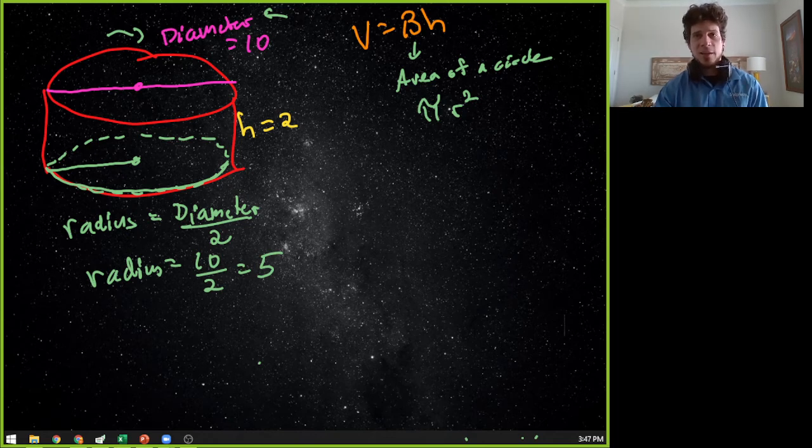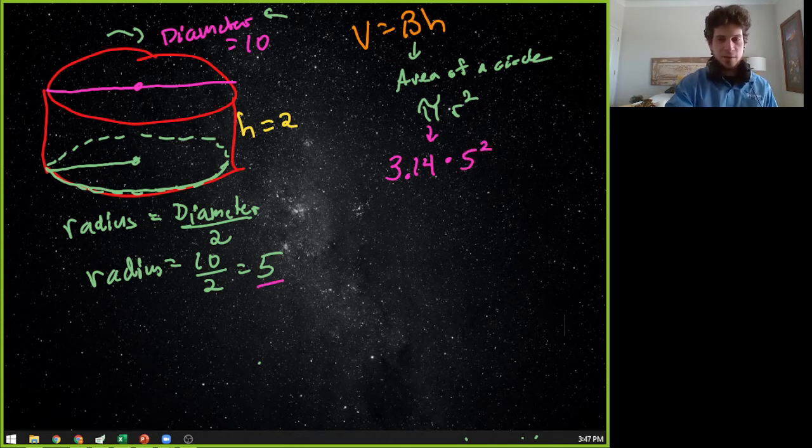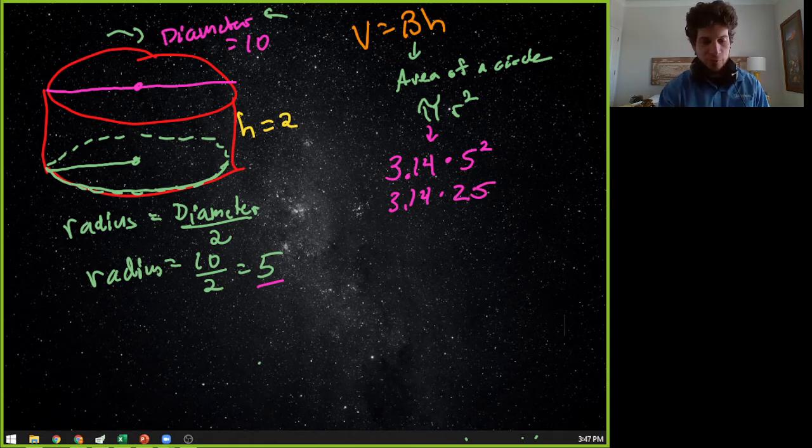Awesome. Let's plug that into our formula. We're going to use 3.14 as pi, and our radius we know now is 5. So 5 squared. 5 times 5 is 25, of course.